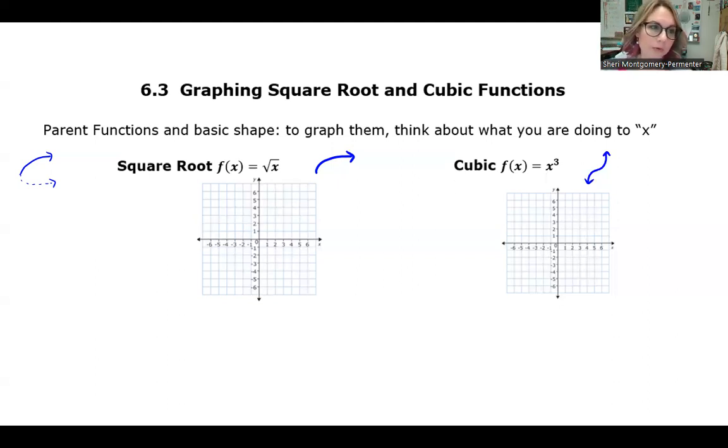Whether you are a square root or a cubic function, where is your parent function, with no shifts, no transformations? Where is it going to start? Where is the middle? 0 in the middle at the origin. For either one, it's going to be right in the middle at 0.